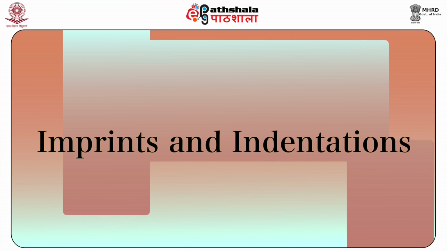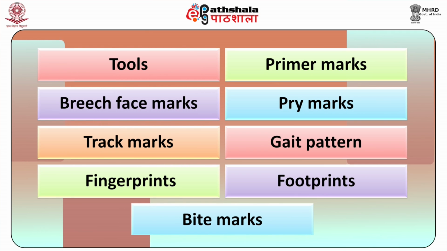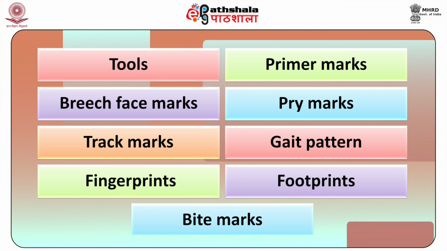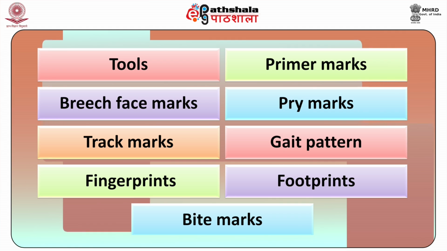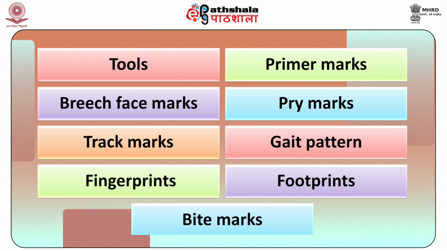Next is imprints and indentations. Evidence in these categories includes tool marks in the form of indentations formed by tools, primer marks, breech face marks, pry marks, and imprints like track marks formed by tires, gait patterns, fingerprints, footprints and bite marks.